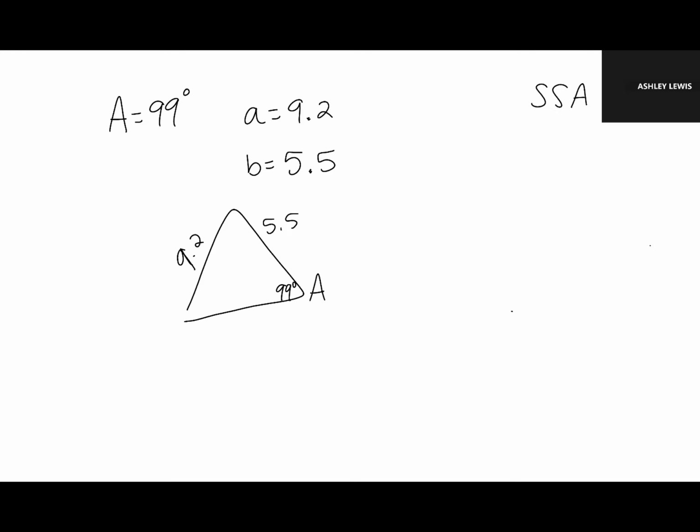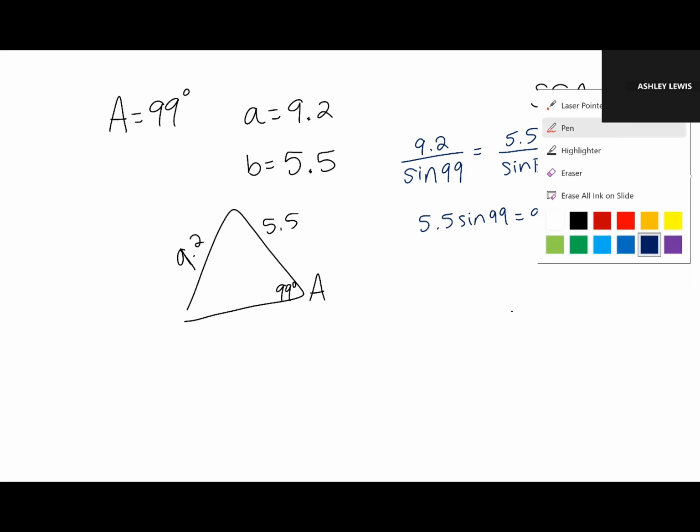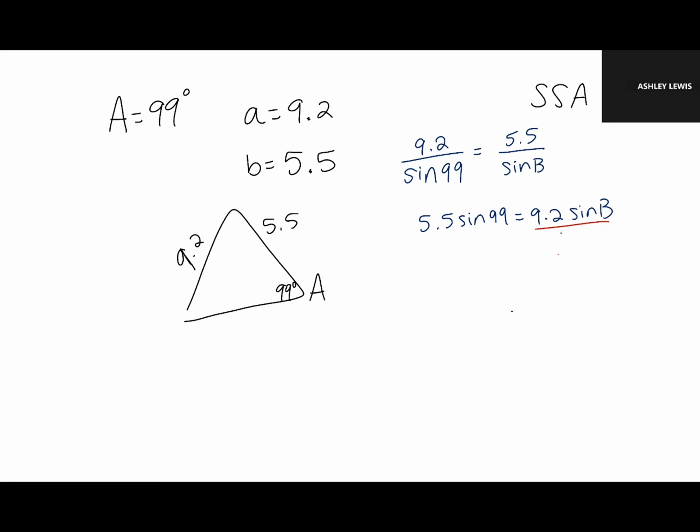I can do law of sines. So let's see. Sine of 99 over 9.2 equals sine B over 5.5. I can cross multiply. And then I can divide by 9.2.